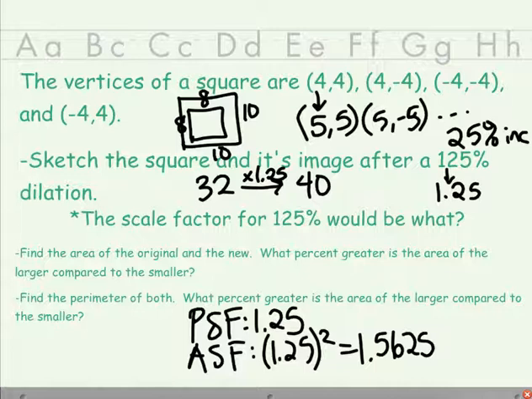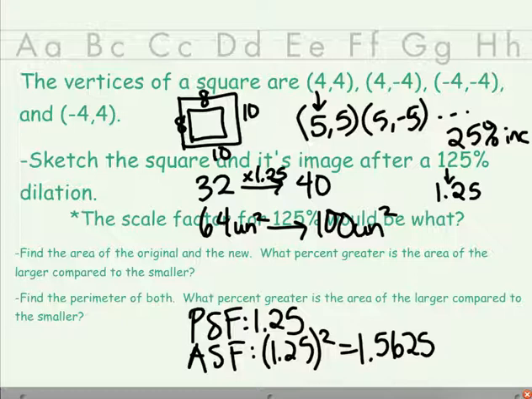With the areas, we are going from an area of 64 units squared to 100 units squared. If I do 100 divided by 64, I get 1.5625. That new divided by the original gives me my scale factor. So I get 1.5625.